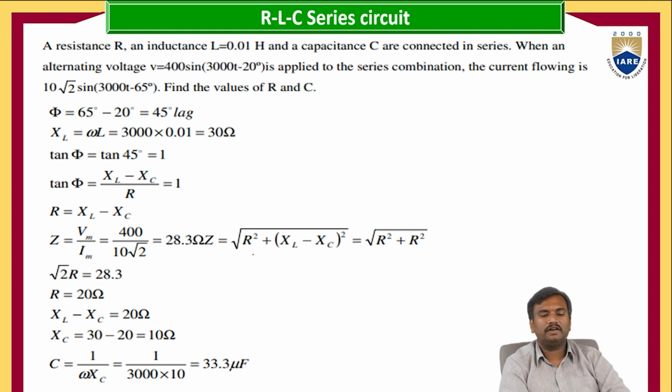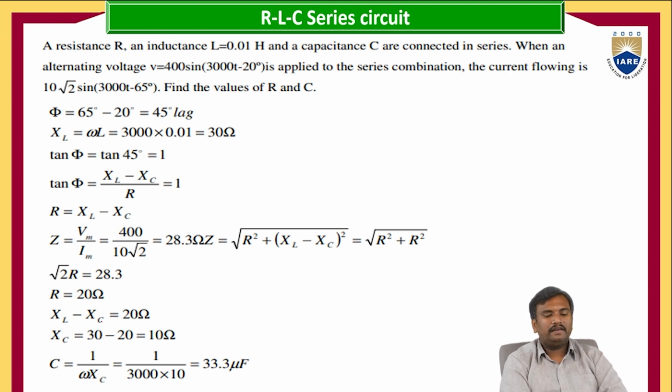Z is equal to square root of R square plus XL minus XC whole square, which we can write, from the above equation R is equal to XL minus XC. In place of XL minus XC, we are writing R. So we get root 2 times R is equal to 28.3, where R is equal to 20 ohms.